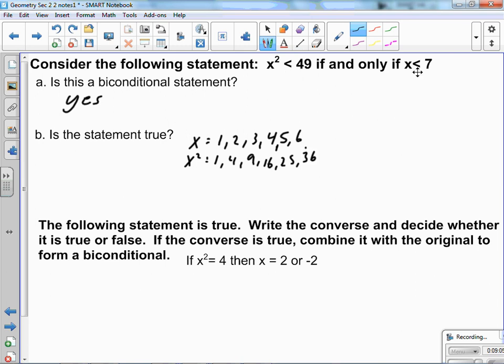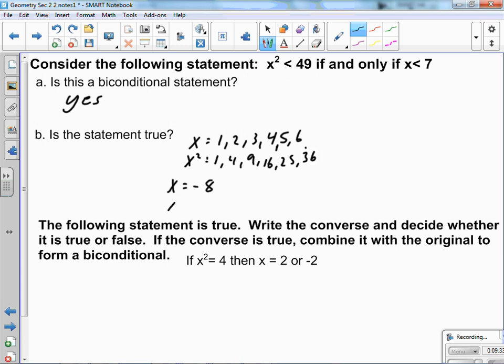Now, when I look at this statement, it just says less than 7, right? So all of these are less than 7, but there are also other numbers that are less than 7. Right? And if I use some of those numbers, let's see if we do x equals -8, which is less than 7, but it's in the negative scale.